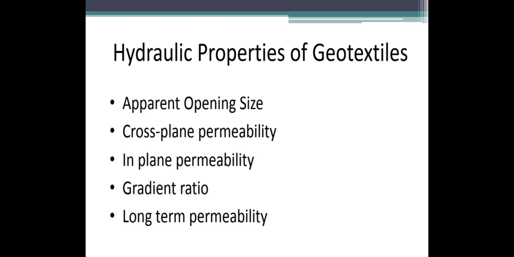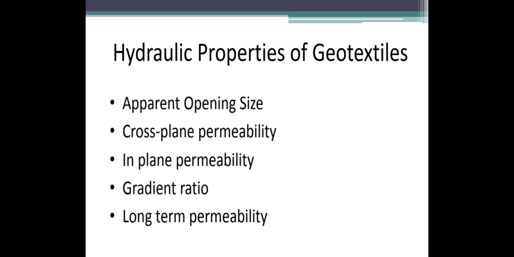Then we have hydraulic properties. When we are using geotextile material as a drainage or filter material, we have to do the hydraulic properties check. So we have apparent opening size and cross plane permeability.